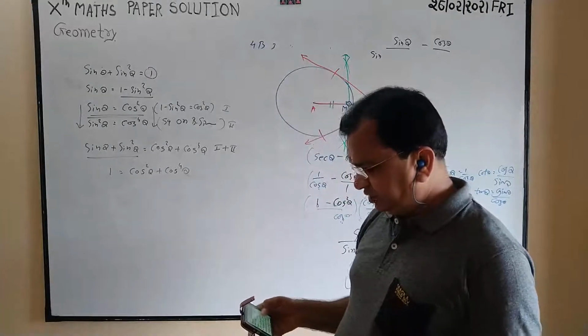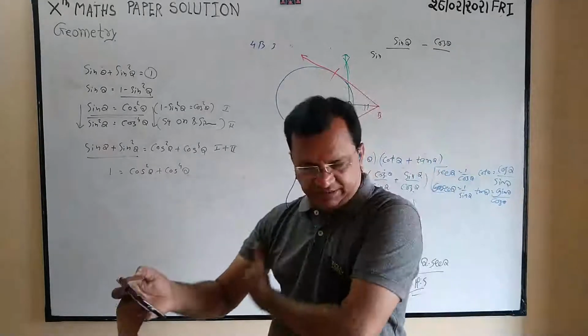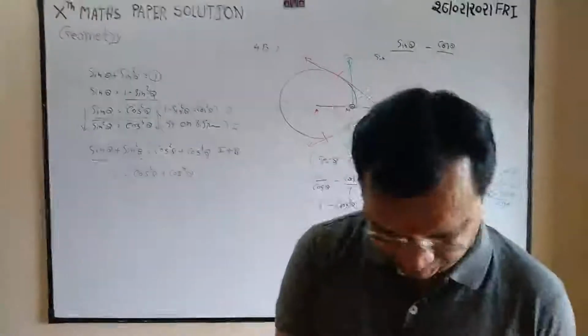One construction is given. A line segment is divided into 5 parts.